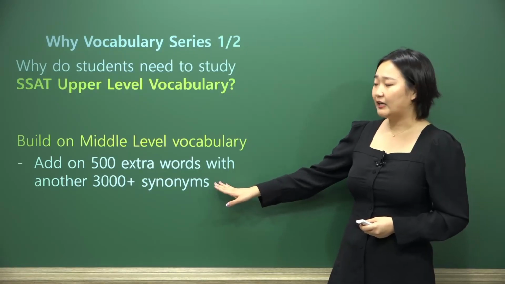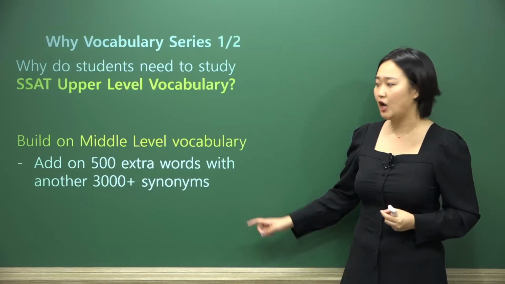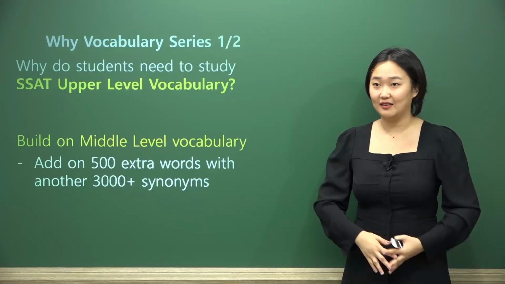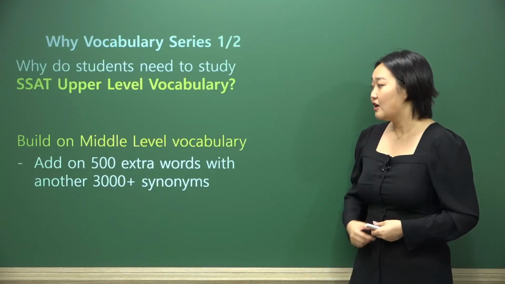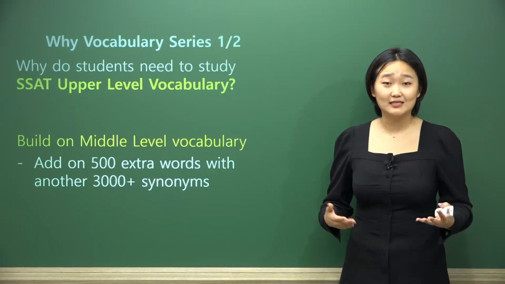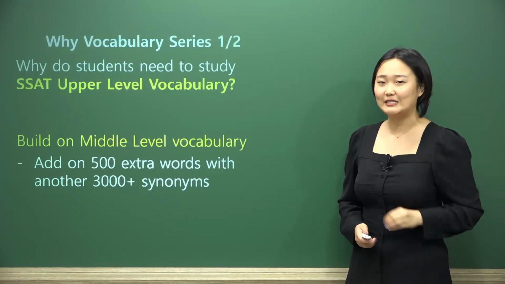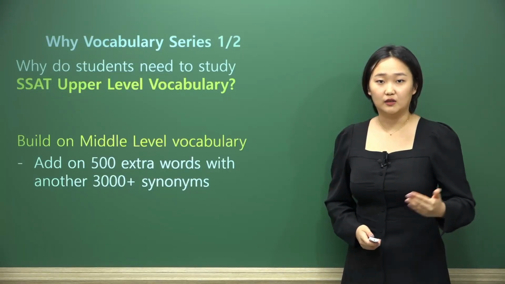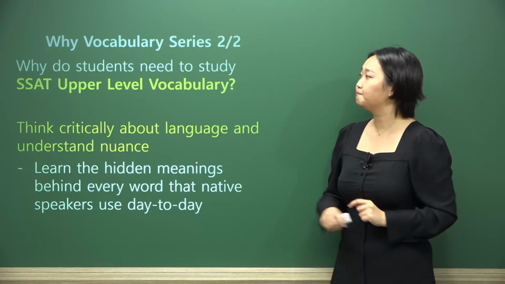With that extra 500 that we will be tacking on to the already existent 500 words we know, we are now looking at an entire 1,000 words along with this series, which means that with that extra 500 and that extra 3,000 synonyms, you're going to have a lot to deal with, and also a broadening of the horizons. Vocabulary can really help us expand our own knowledge of the language, but also do really well on the exam. This is the most important part.